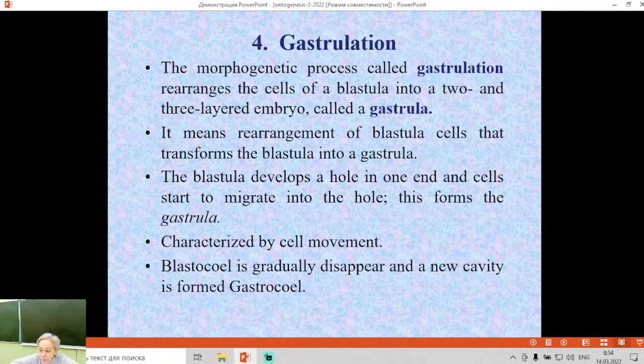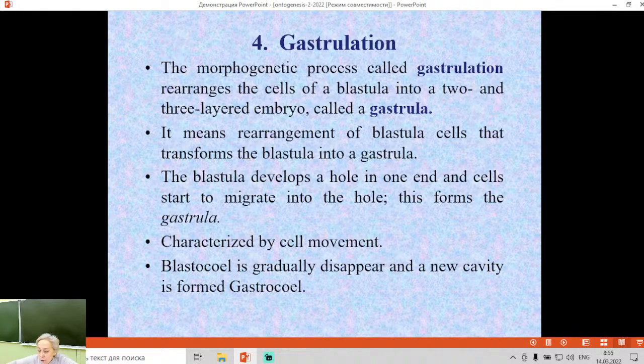Gastrulation is the process of formation of a two- and three-layer embryo, called a gastrula, or the process of formation of three embryonic layers, firstly ectoderm and endoderm, after that mesoderm. That is, the blastula transforms into a gastrula.